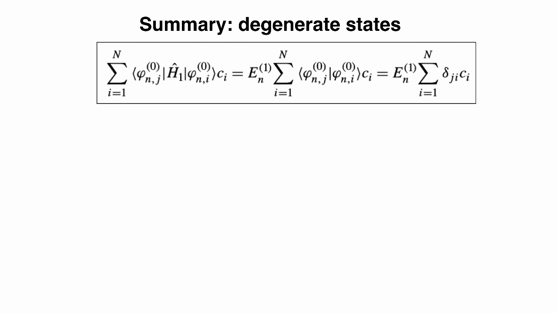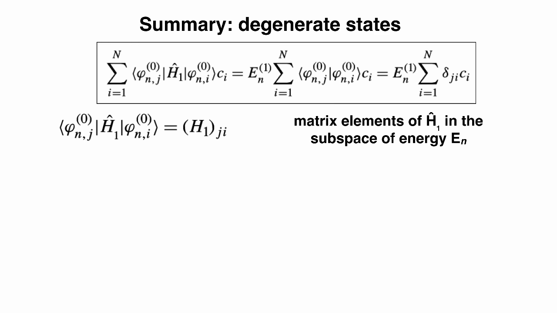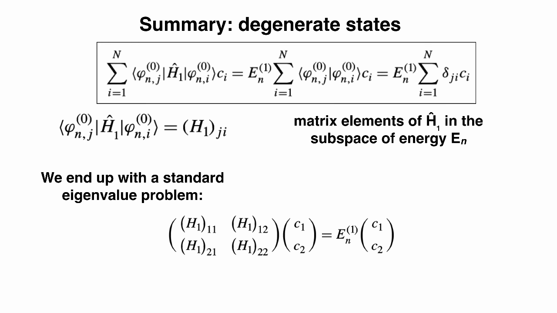But for the degenerate state, we end up with this equation that, as I just explained to you, is actually a matrix eigenvalue problem, and we only work here at first order. There exist, of course, second order and third order methods and so on to calculate the effect of perturbations at a higher order, but we're not going to worry about those now because we can already solve quite a few problems with this.